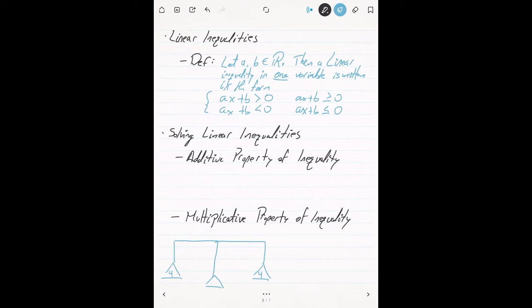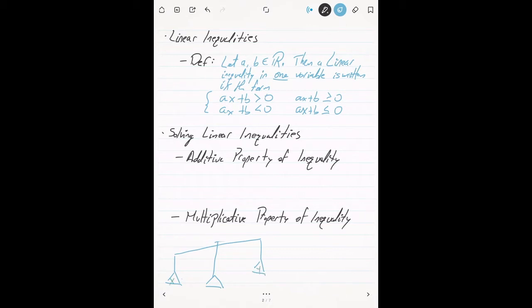When you have an inequality, a linear inequality, it's a little different. Instead of having a balanced scale, you have an imbalanced scale. If you think about it in terms of a scale, one thing is heavier than the other.